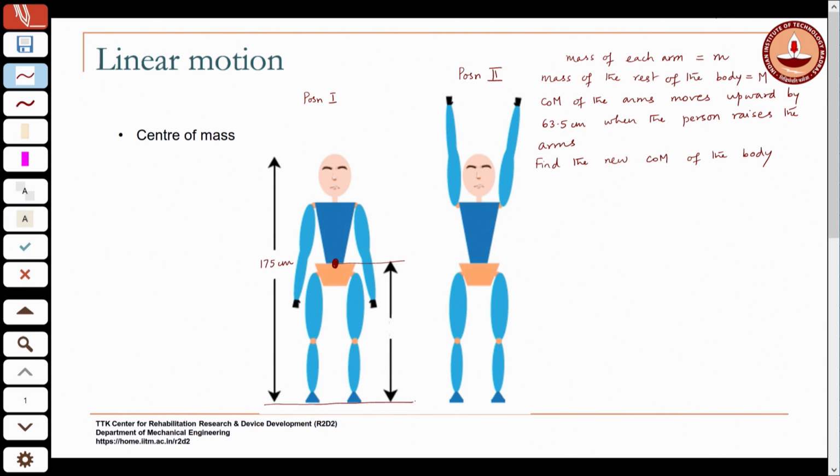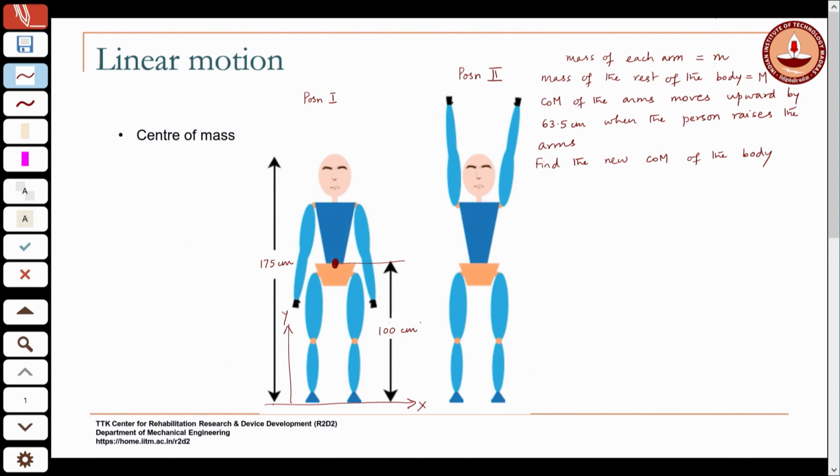If this is our coordinate system, say this is the x axis and I have the y axis like that, the center of mass is located at 100 centimeters above the ground initially. Okay. Now, we want to find out the new center of mass when the person lifts their arms.